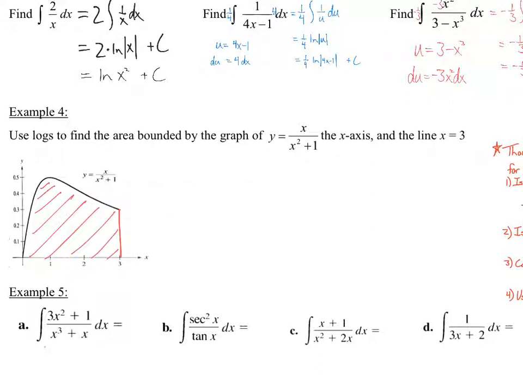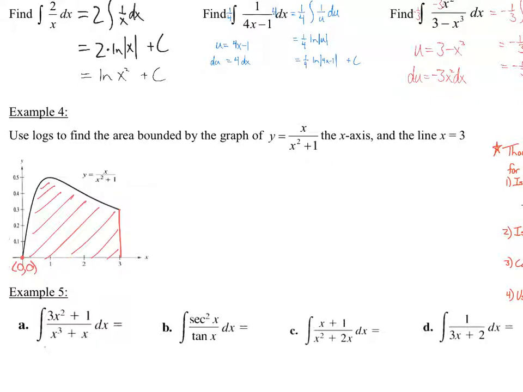Now, between 0, well, does it hit 0? It looks like it, but we should double check. If you plug in 0 for y, then x would equal 0 as well. So that is the point 0, 0.